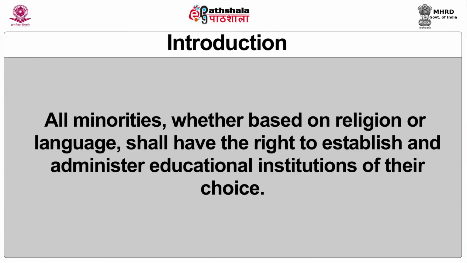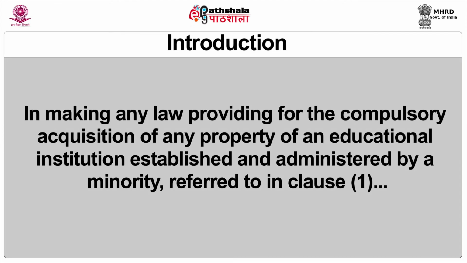Article 30 reads: Right of minorities to establish and administer educational institutions. 1. All minorities, whether based on religion or language, shall have the right to establish and administer educational institutions of their choice. 1A.